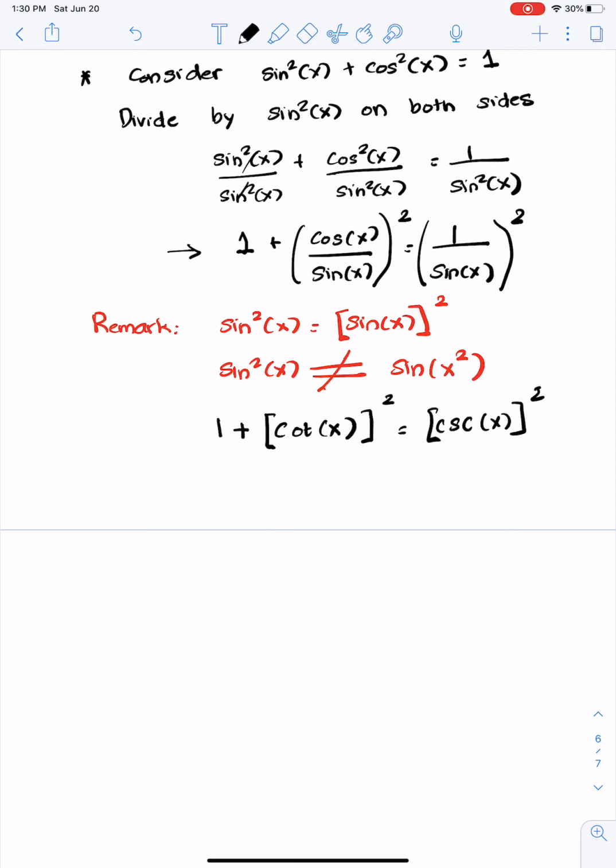So the identity here is 1 plus cotangent squared x is equal to cosecant squared x.